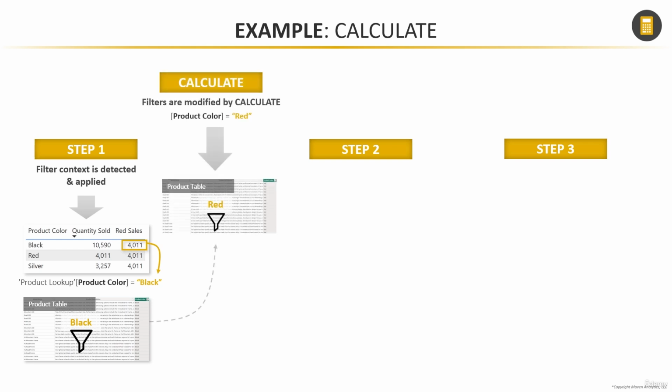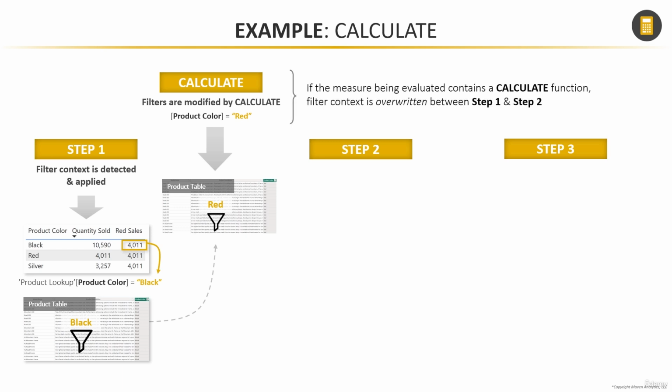So here's where things change. Before we move on to step 2, where normally that filter context would pass down to any related tables from our product lookup, there's an intermediate step, which is that the filter context gets modified by calculate. Anytime the measure is being evaluated, in this case, red sales contains a calculate function, that filter context gets overwritten right here between steps 1 and 2.